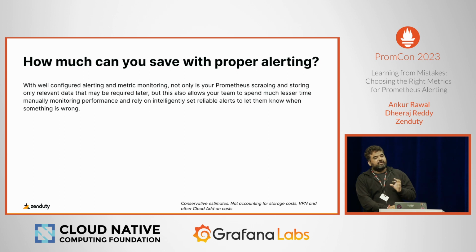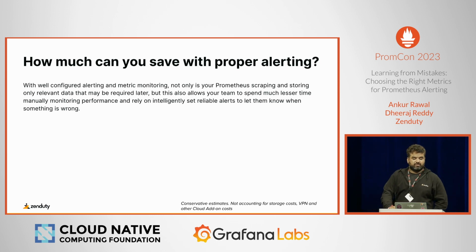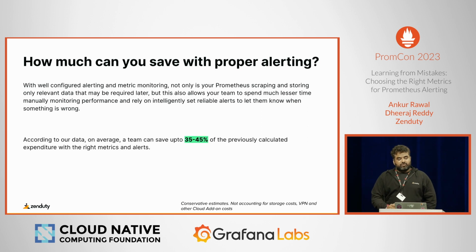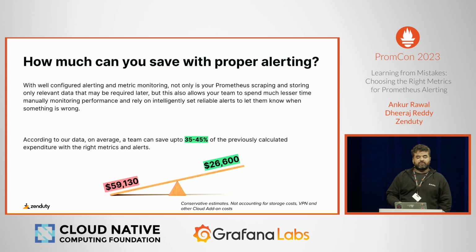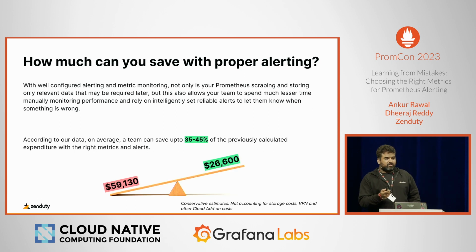The other thing is that your alert manager needs to get alerted for that data as well. So we have been able to identify that if you set up the right alerting, the cost saving from the data transfer perspective only is 35 to 45%. In that particular case, the cost was $26,600 compared to $59,000.